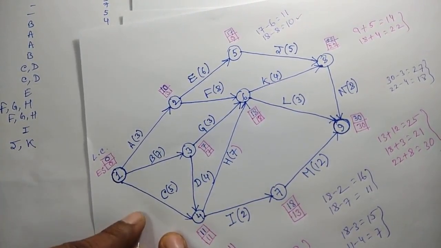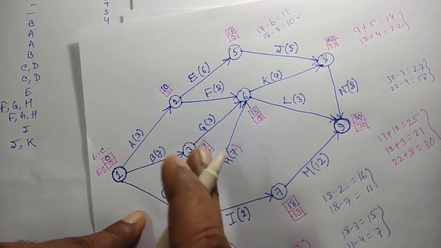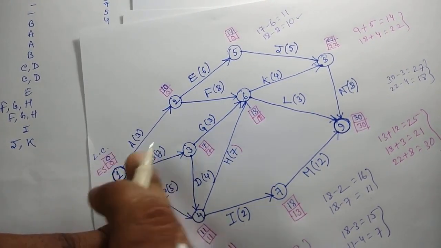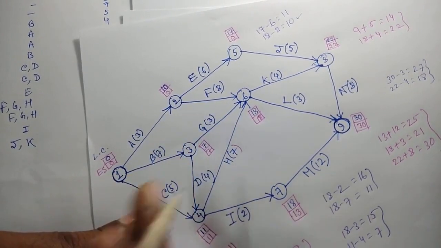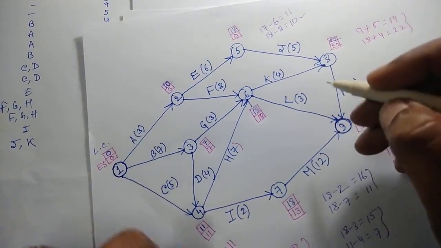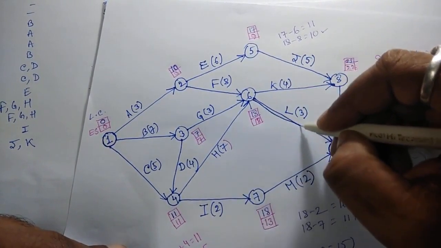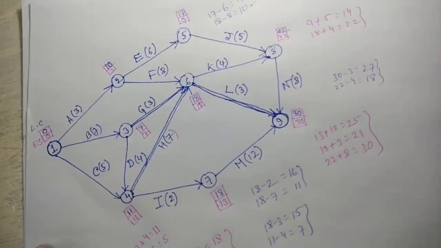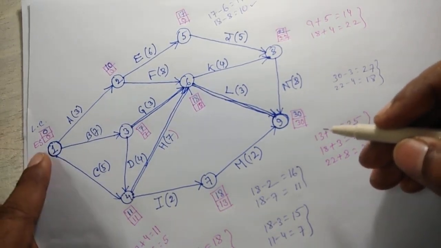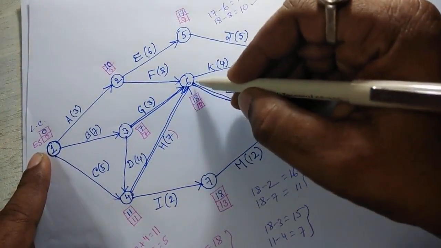So the critical path will be that path for which the latest completion time and the earliest start time for each node are equal. So here, see, this is equal. For node 6, ES and LC are also equal, 18 by 18.